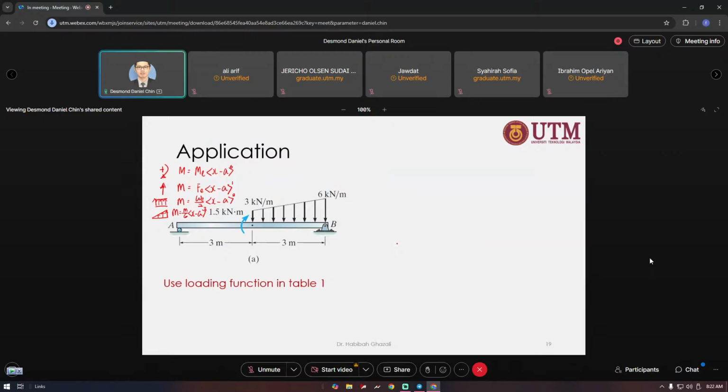As usual, first step, you must draw your free body diagram. So this is your free body diagram, and take a look at point A. You must be careful always. Point A is a roller support, so obviously you must have AY.